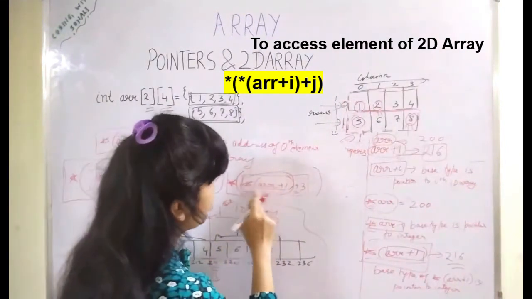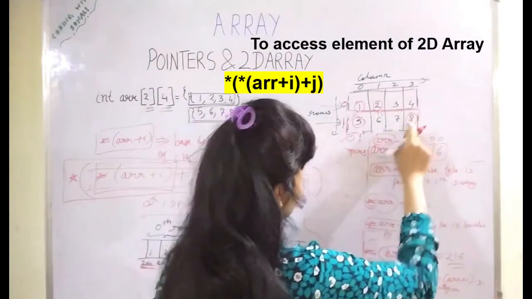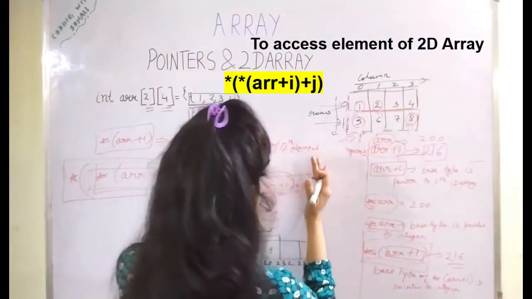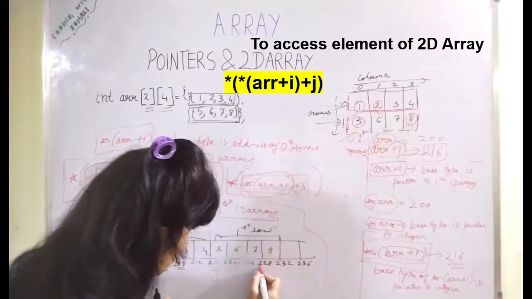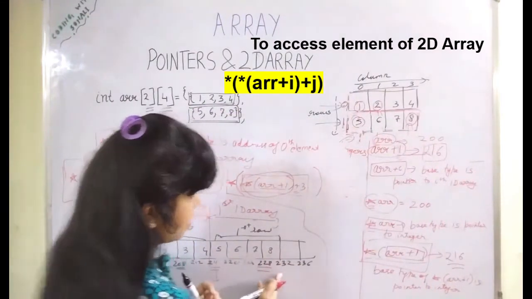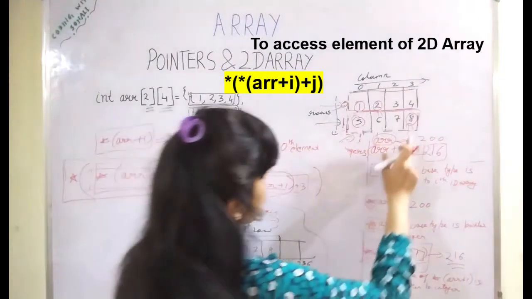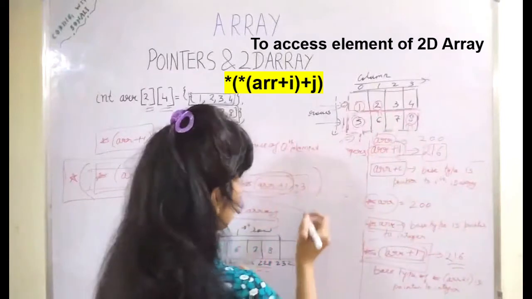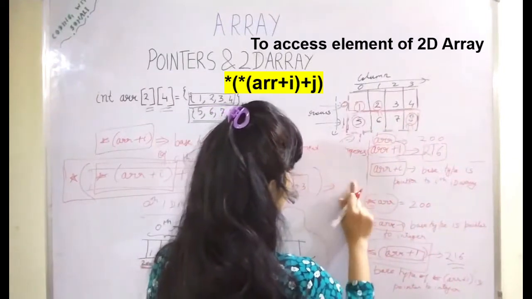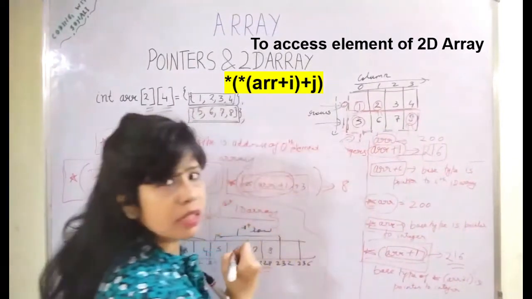It will give the value at this address. This whole expression gave us the address of this 8, which is 228 in the linear representation. So if you do star, you will get the value at that address, and finally you will get the value 8, right?